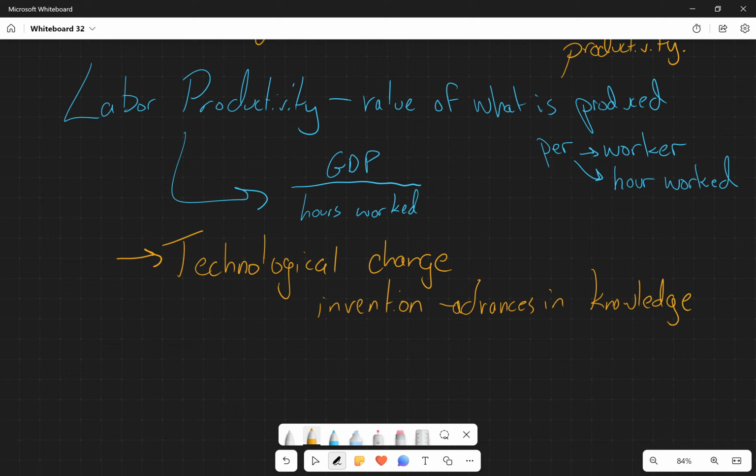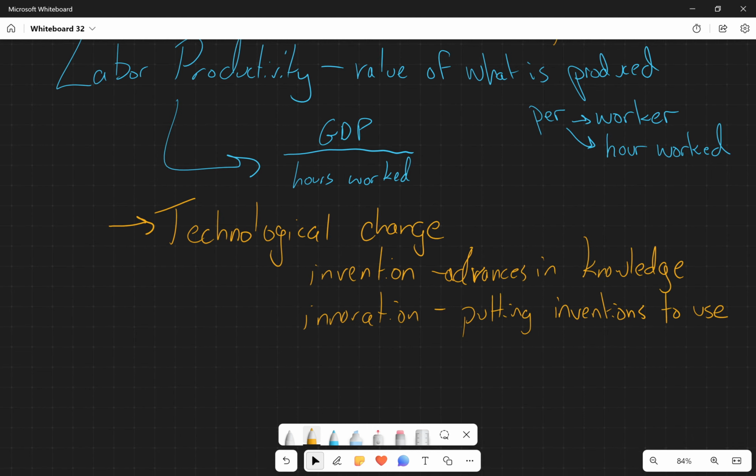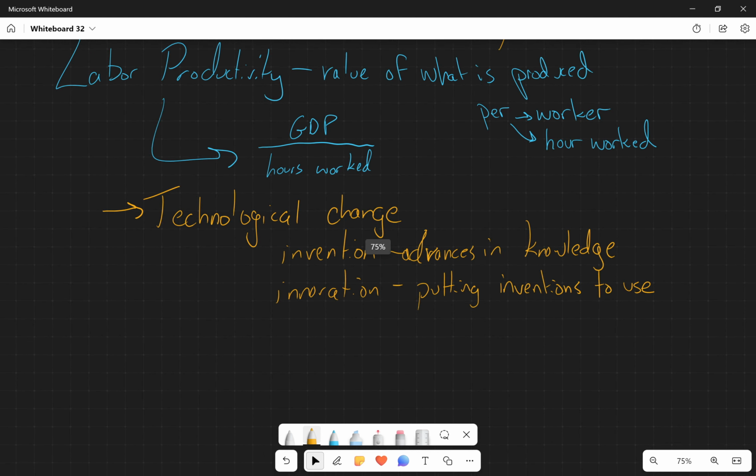New things, right? And innovation is putting those inventions, the advances in knowledge, to use in some sort of product or service, right? The next part of what determines our labor productivity, right? All of these are determinants.